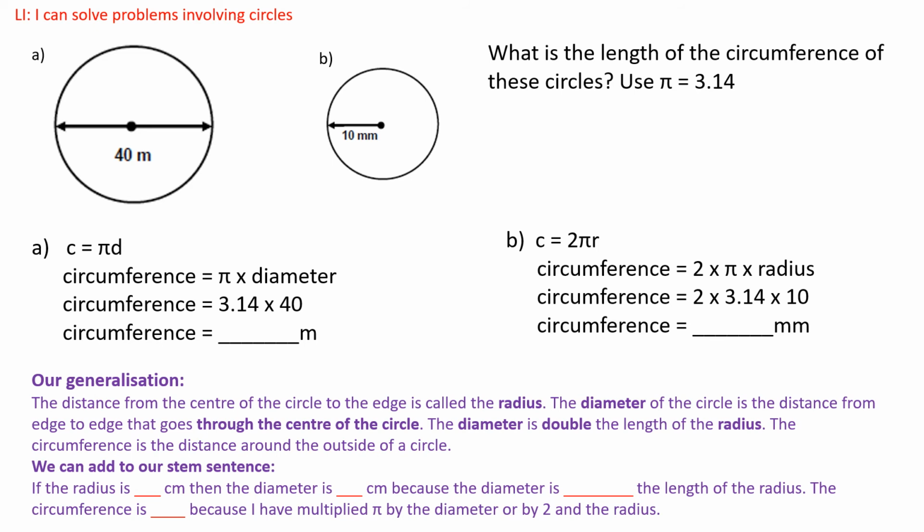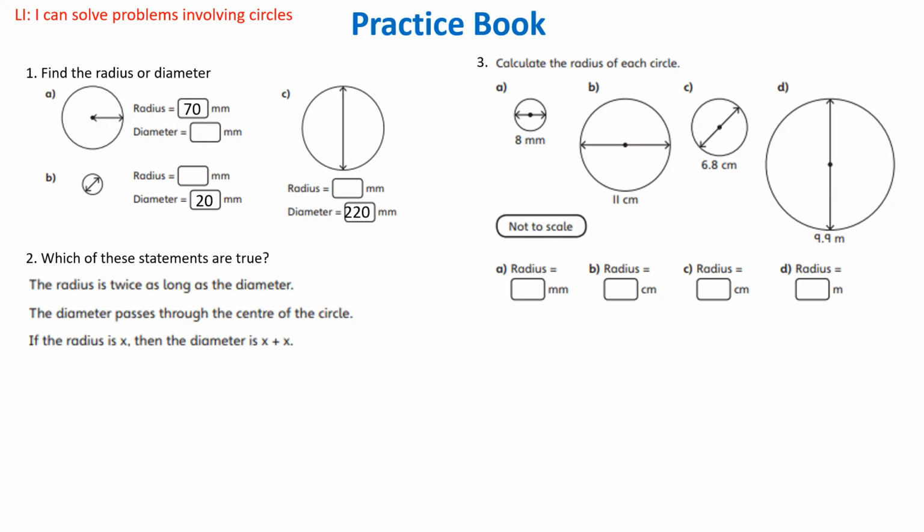And if you look at the bottom of the screen, I've added a sentence. So we can say if the radius is blank centimetres, then the diameter is blank centimetres, because the diameter is twice the length of the radius. The circumference is blank because I multiplied pi by the diameter, or by 2 and the radius.